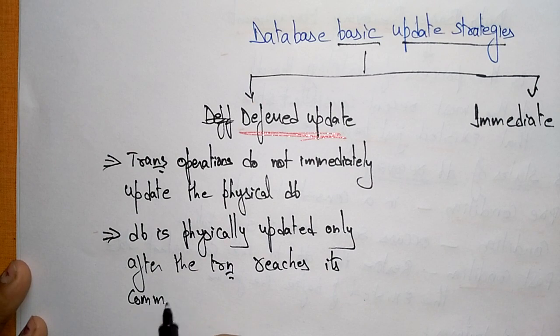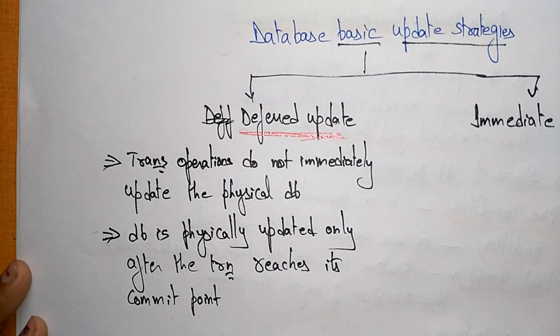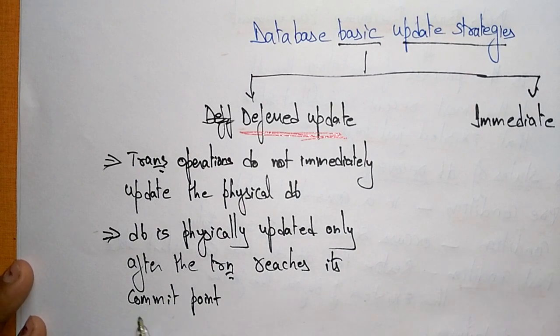Otherwise, whatever transactions you did before the commit point will all be lost. Whenever your transaction reaches the commit point, your database will be updated in the deferred update.